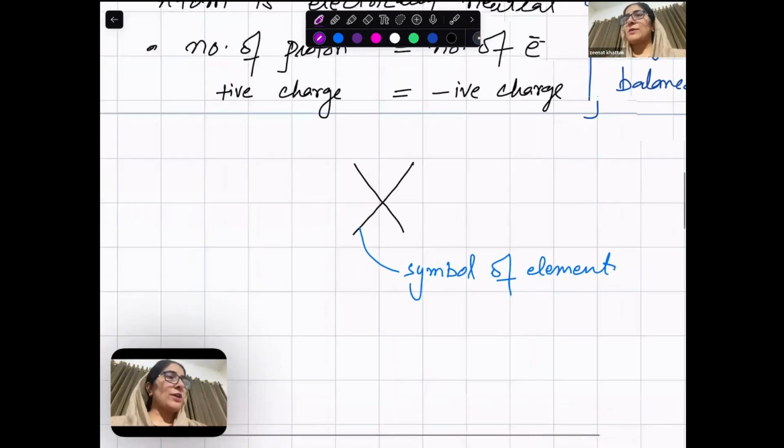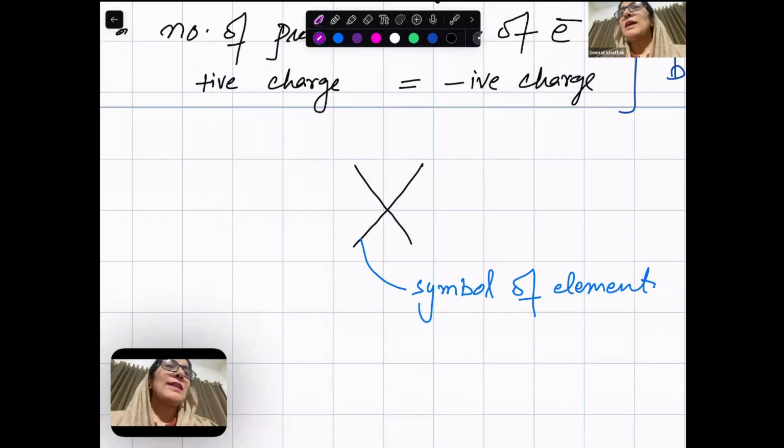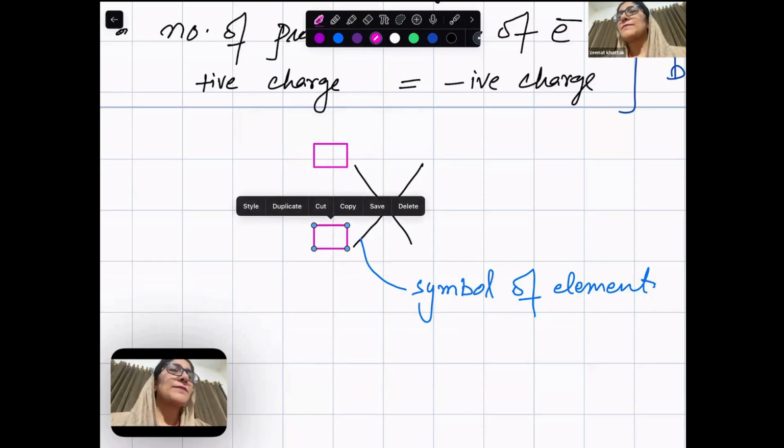In the periodic table, there is a number here, and there is also a number here, right?